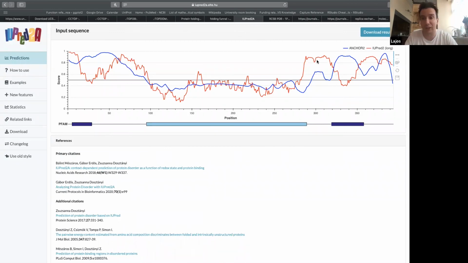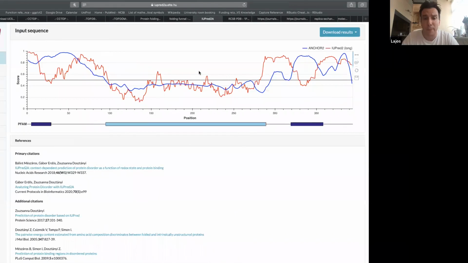This is usually just a small 8-10 amino acid long region, which has a very high tendency for making protein-protein interactions. So it's again very useful information for you, because maybe this is the region you are looking for to inhibit if you want to inhibit a protein-protein interaction.